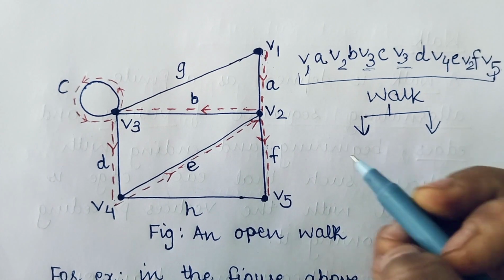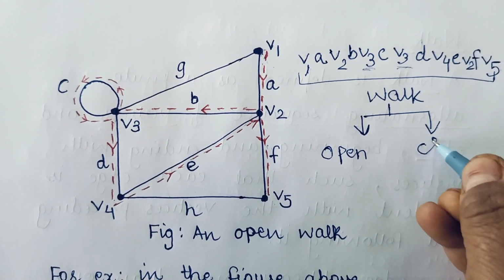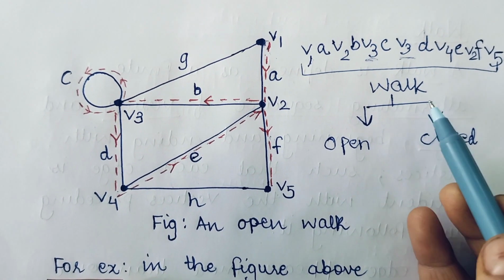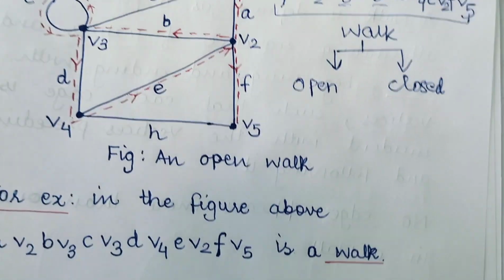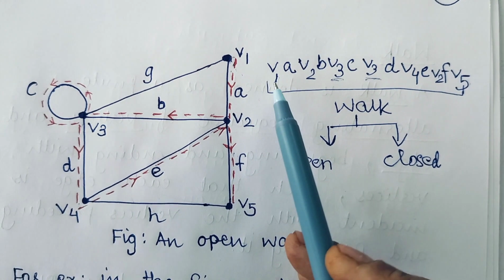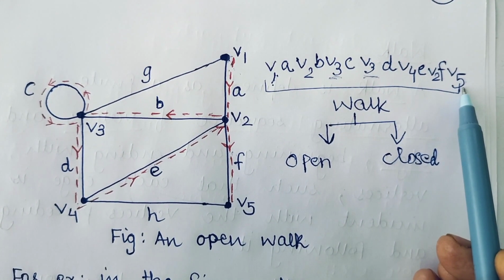When we talk of walks, there are two types of walks: open walk and closed walk. So this is a walk we know, but this is an open walk. Why? Because this walk starts with a different vertex and ends with a different vertex.